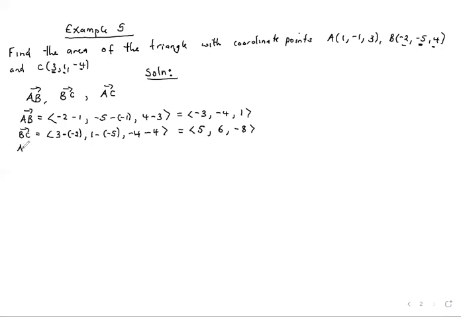Then you come to AC. 3 minus 1, then 1 minus -1, and then -4 minus 3, giving us (2, 2, -7). So these are the vectors.